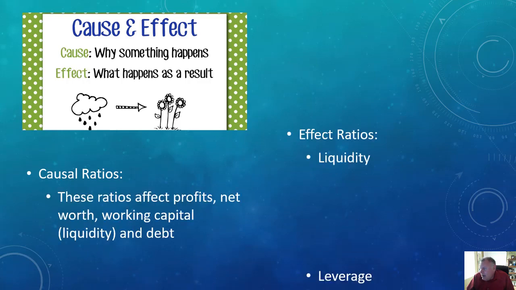So we have a number of causal ratios, those that affect profits, net worth, working capital, liquidity, and debt. The effect ratios are liquidity ratios, leverage, and profitability. So one causes another, which is coming back to our numerator and denominator.